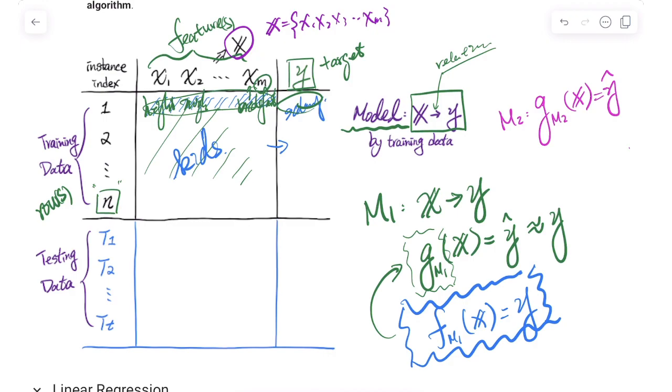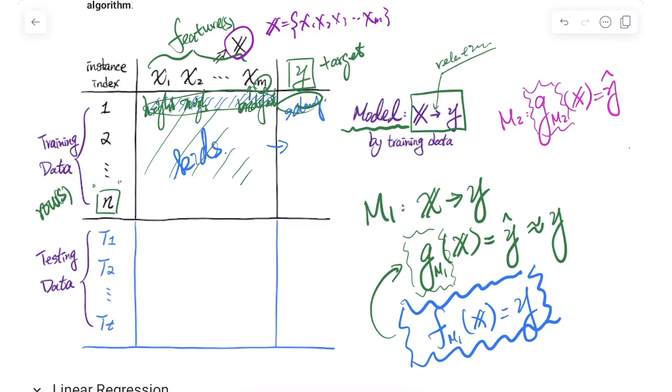So it really depends on what kind of algorithm you want to use to analyze this data with n data points, m features and the corresponding y. There are several different algorithms we will teach you in later classes. Maybe we have ten different algorithms. But after we learn them, the next question is, which model is better than the other one?